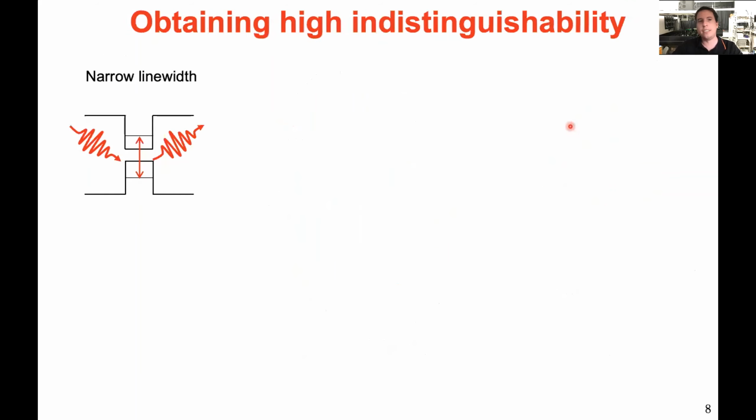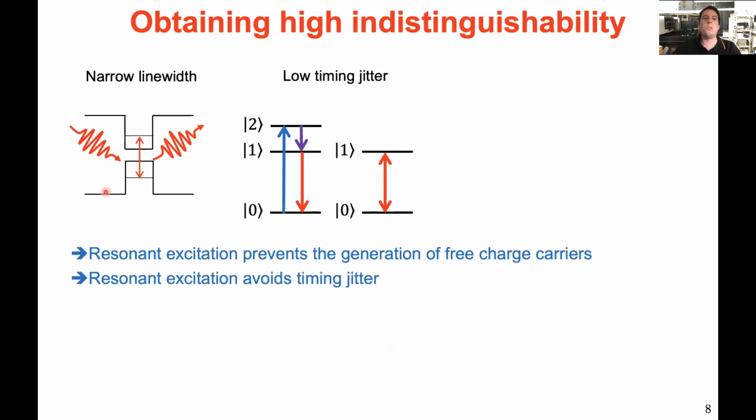Now, in order to get high indistinguishability, as I mentioned before, resonant excitation is beneficial because it avoids the creation of free charge carriers in the conduction and valence band, which would lead to a fluctuation of the applied electric field and thus to spectral wandering. Moreover, resonant excitation is beneficial because you avoid excitation timing jitter.